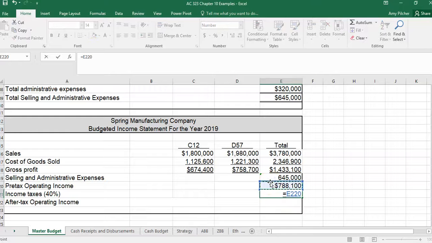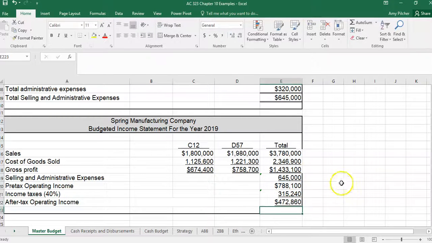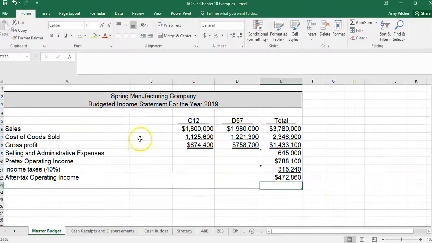So we take our operating income times 0.4, and our after-tax operating income is $472,860. And now we have completed a master budget and a budgeted income statement, which is also called a pro forma income statement.